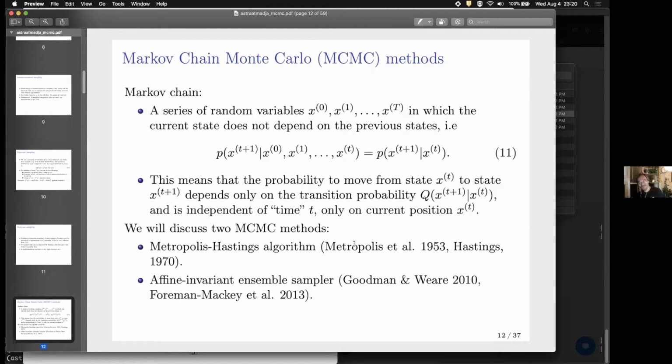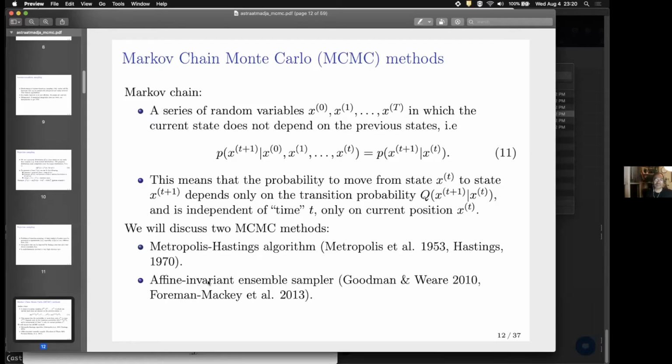So we combine the idea of the Markov chain, in which we incorporate a transition probability from one state to another, into the Monte Carlo methods. So now we'll discuss two MCMC methods here. They're very popular. The first one is called Metropolis-Hastings.